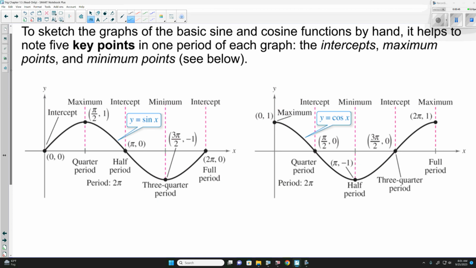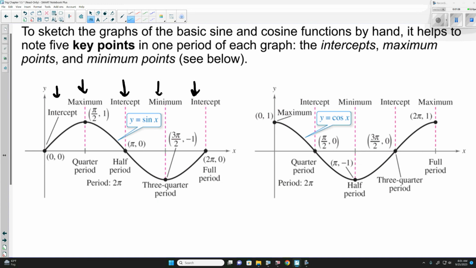And those key points are the intercepts, where it intercepts the x-axis, and the maximum and minimum points, and they are the same for sine and cosine.